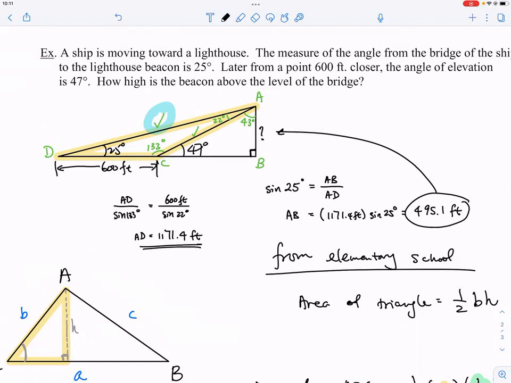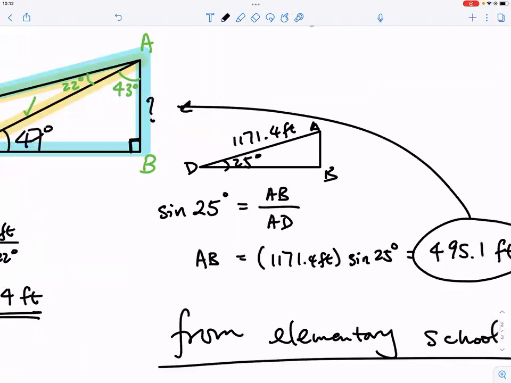If you consider the big right triangle, this is A, this is B, and this is D. This is 25 degrees, and this is 1171.4 feet. So you can just use a simple sine function to involve the opposite side and the hypotenuse, and you can find out the missing side.